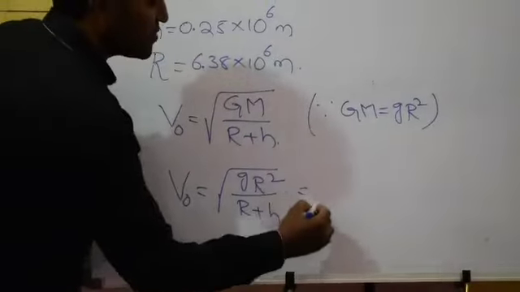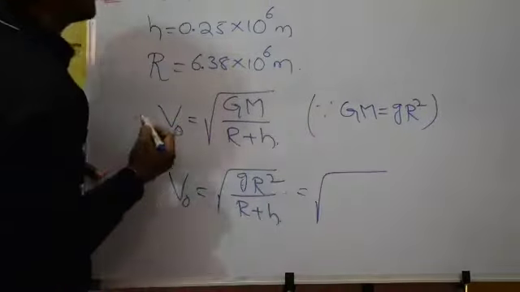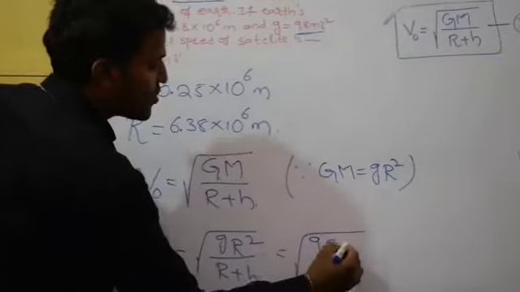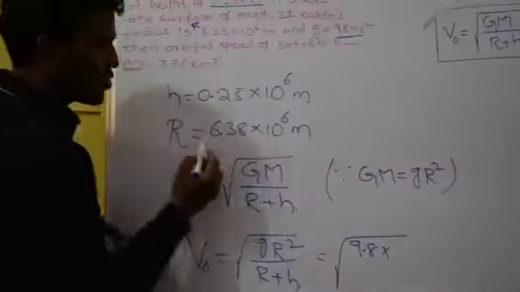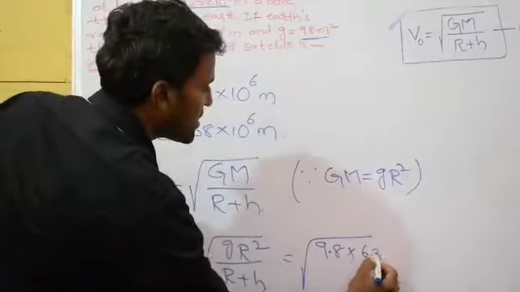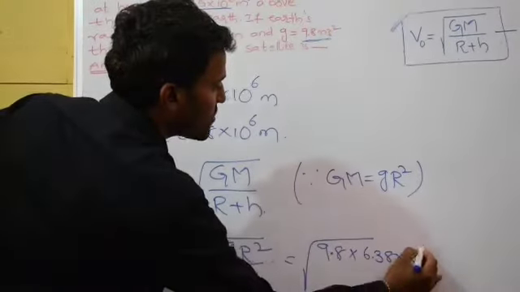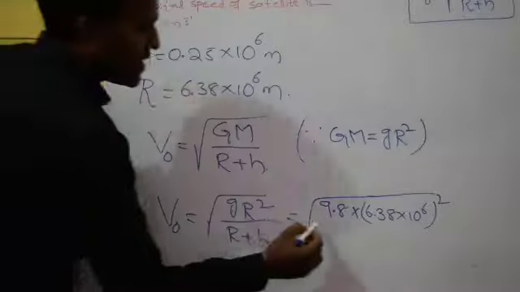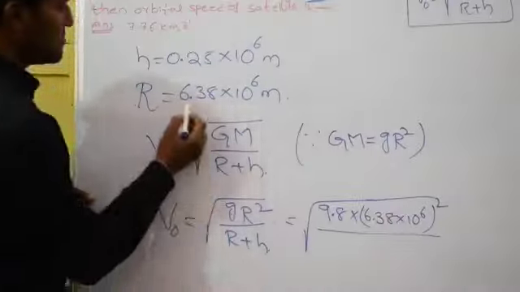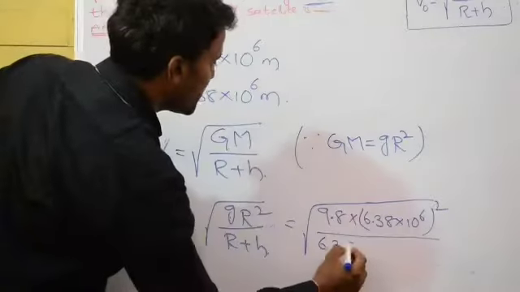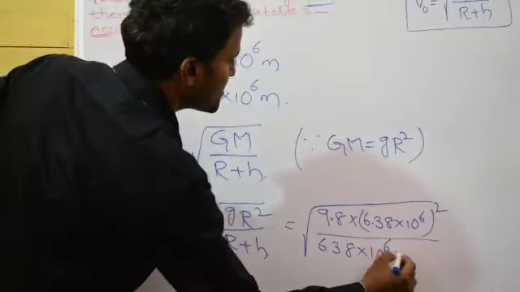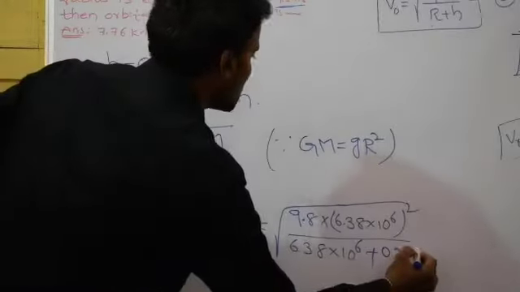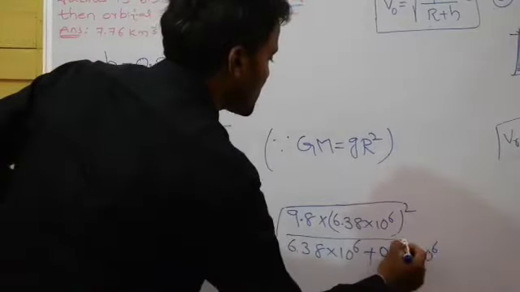Here small g is 9.8 and radius r is equal to 6.38 into 10 to the power of 6, whole square, divided by 6.38 into 10 to the power of 6 plus h, which is 0.25 into 10 to the power of 6.